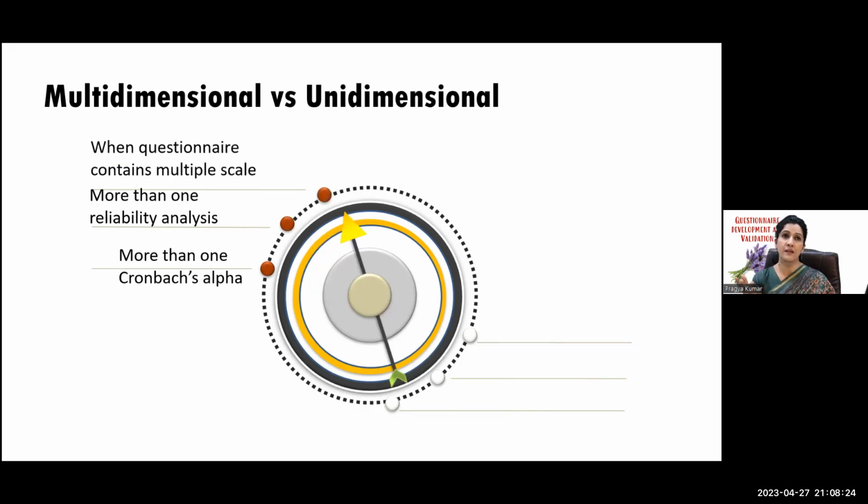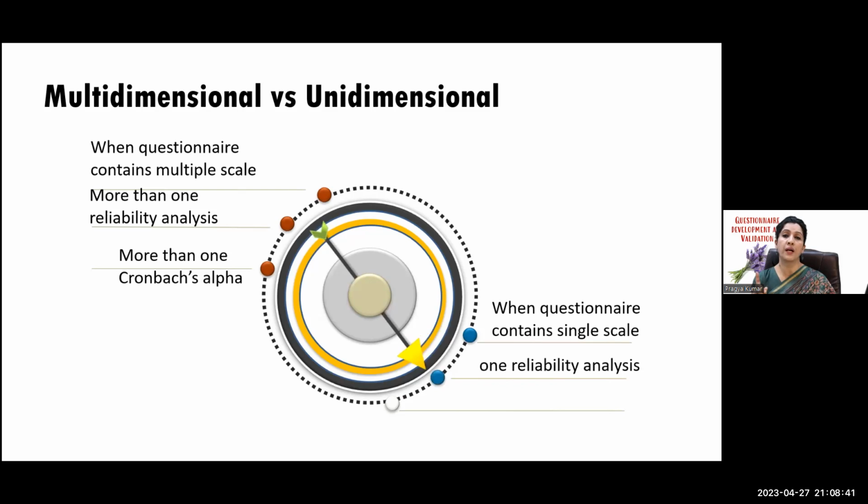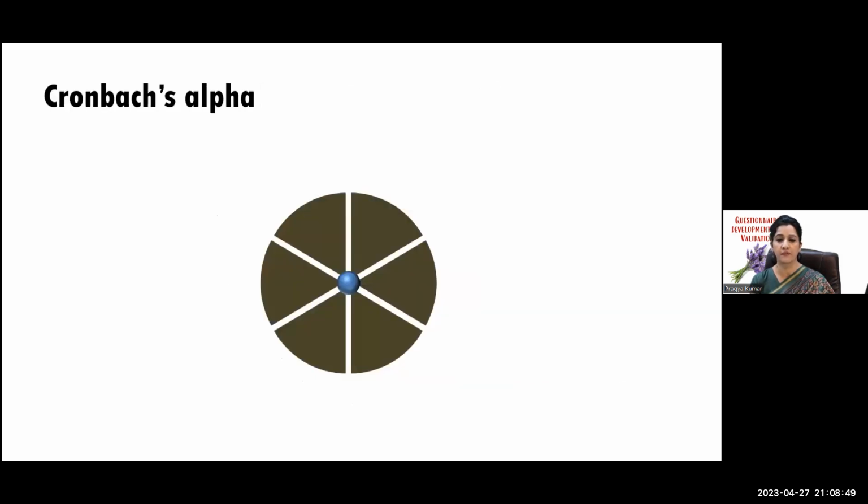It is done when the questionnaire contains multiple scales or multiple dimensions. Coming to the unidimensional, when your questionnaire has only one dimension, like PHQ-9 or any other scale like PHQ-4, then you need to do only one Cronbach alpha, one reliability analysis, and there will be one value of Cronbach alpha.